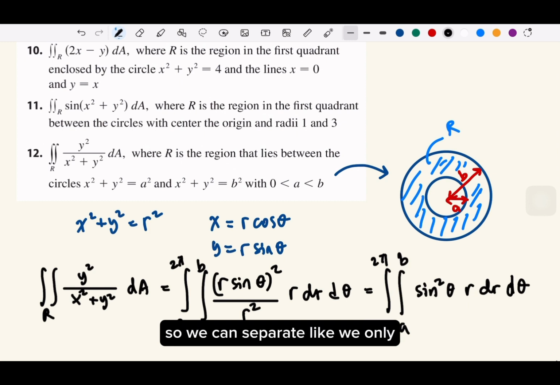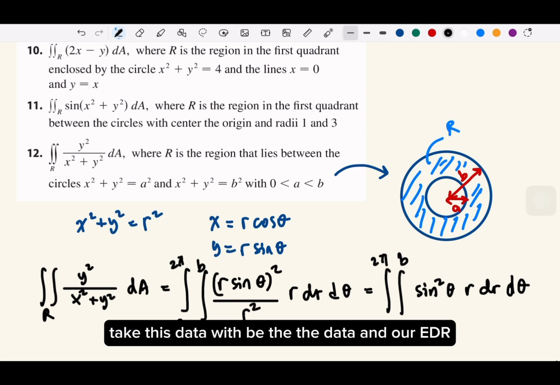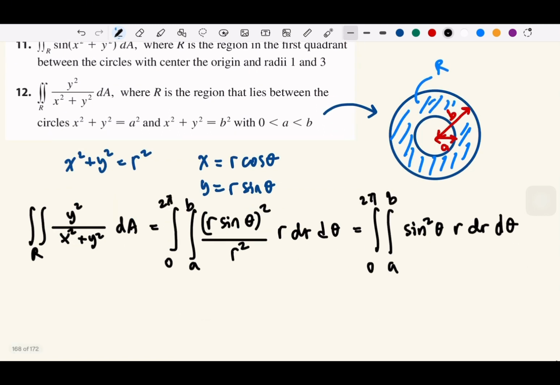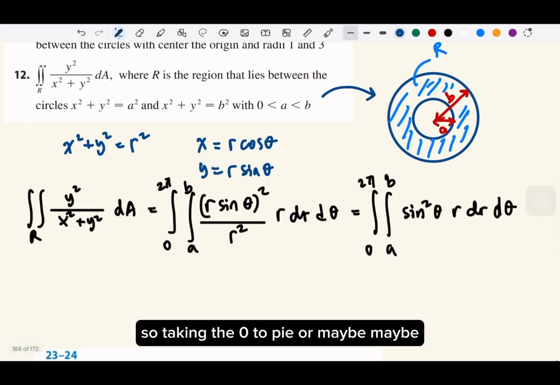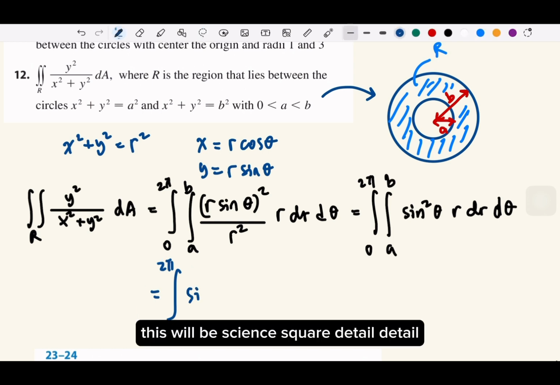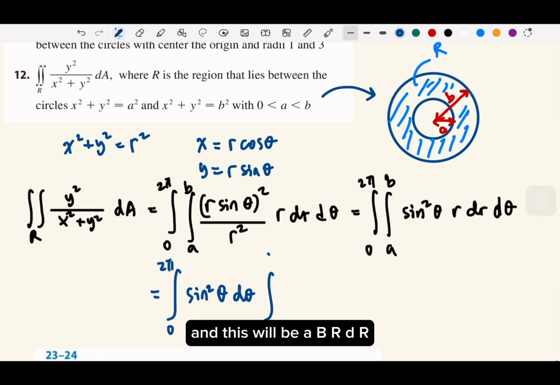So we can separate, we only take theta with d theta and r with dr. So we separate both of them. Taking 0 to pi, this will be sine squared theta d theta, and this will be a to b, r dr.